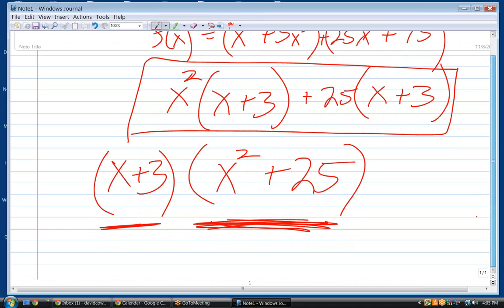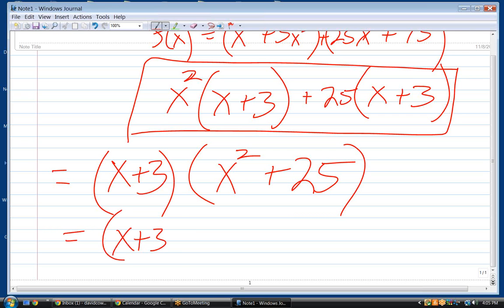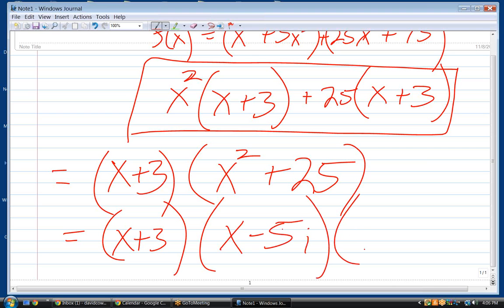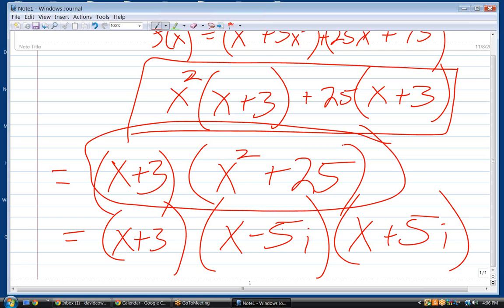So what is typical is this would be a final answer. If they really want you to go all the way down, then it's x plus 3, and like I said, that breaks up into x minus 5i and x plus 5i. I suspect this is the answer they want.